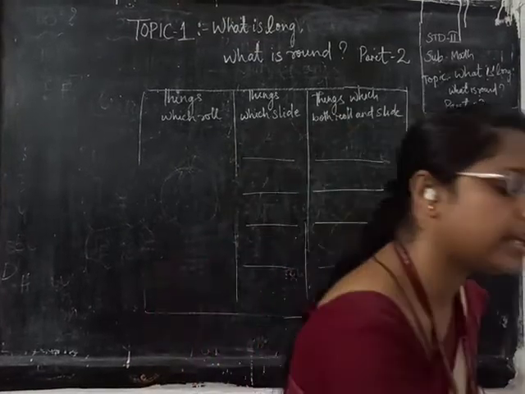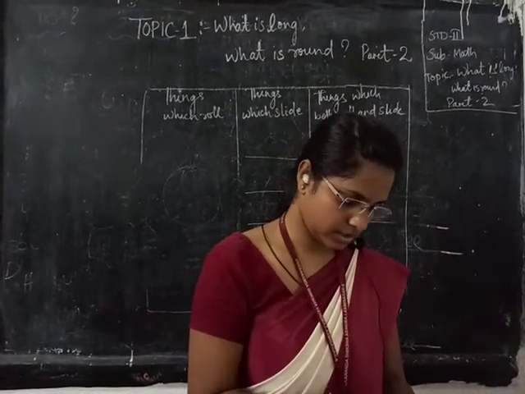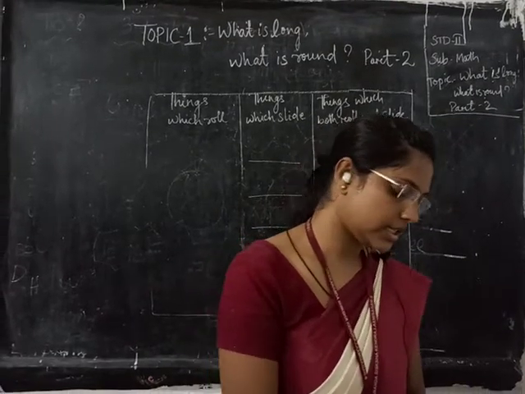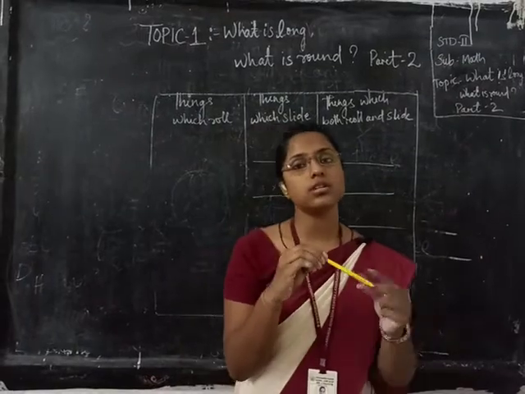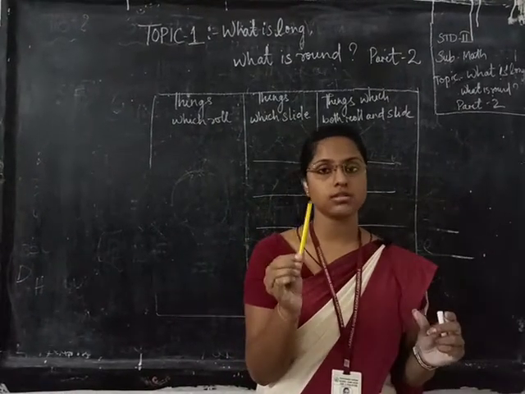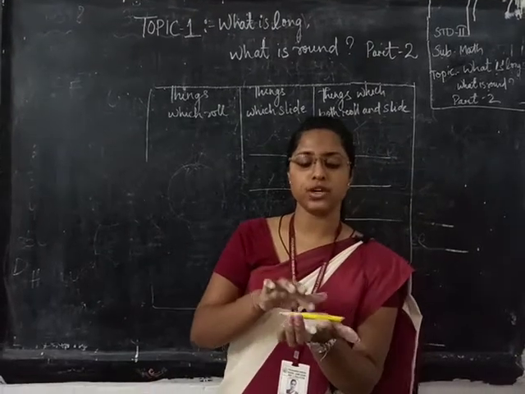Now we will come to the objects which are long as well as round. For example, this is your pencil. This is round and also long, but as it has no flat surface, it will roll down.